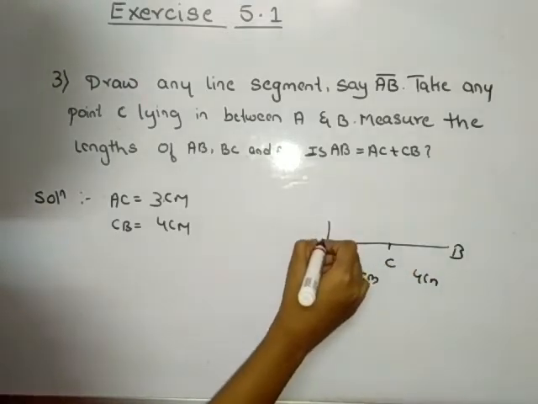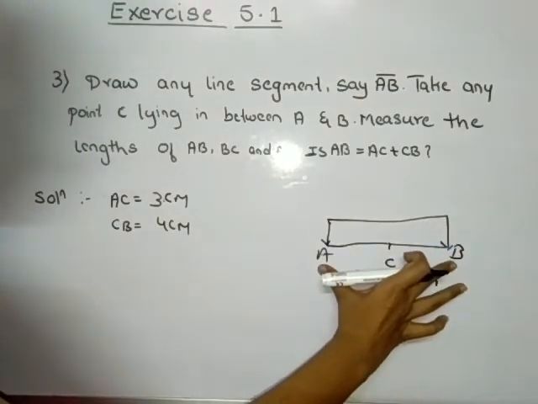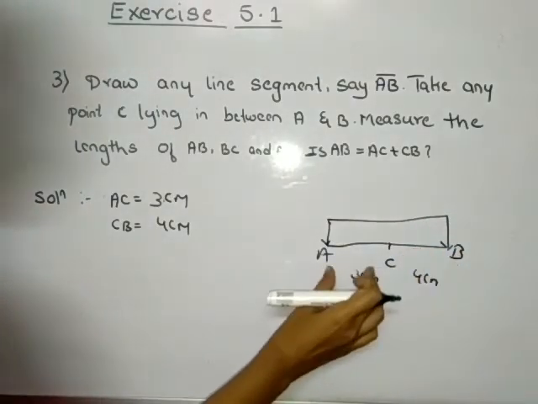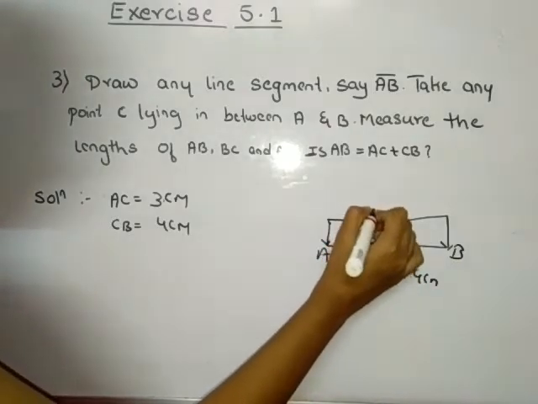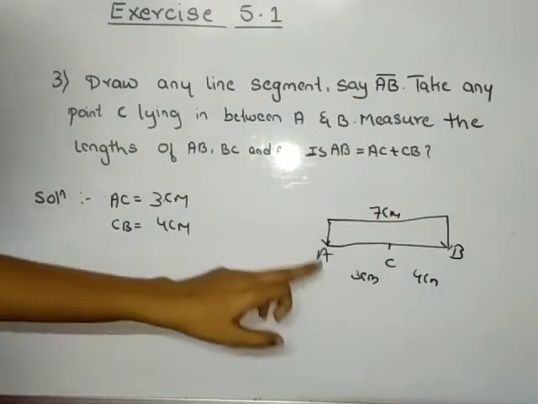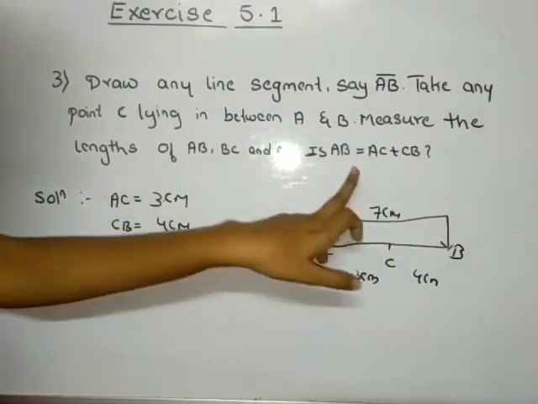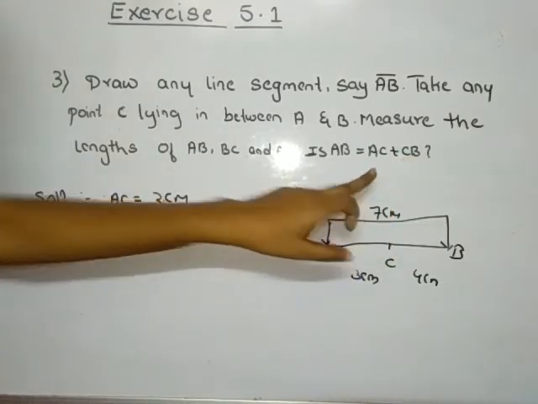AB means from here to here, isn't it? To find AB, I am going to add 3 plus 4, that is 7 centimeter, isn't it? We'll check whether AB is 7 centimeter or not using this condition.